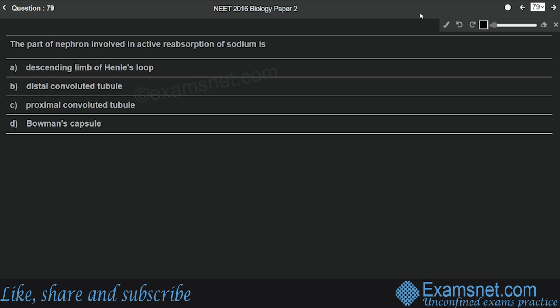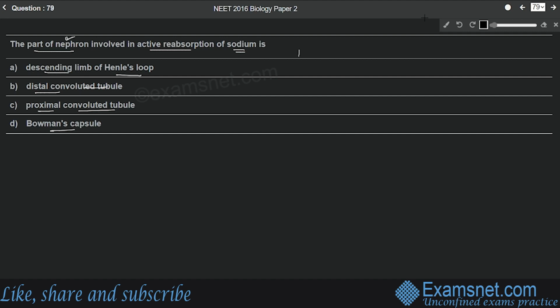Question number 79 is from the chapter Excretory Products and Their Elimination, and the question is, the part of nephron involved in active reabsorption of sodium is. Options are descending limb of Henle's loop, distal convoluted tubule, proximal convoluted tubule, and Bowman's capsule. So what is a nephron?